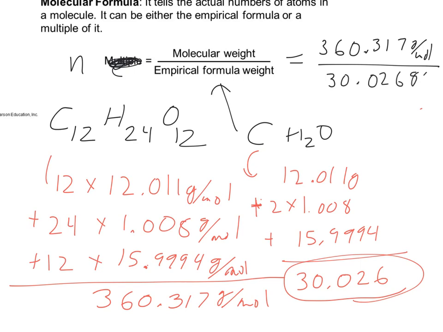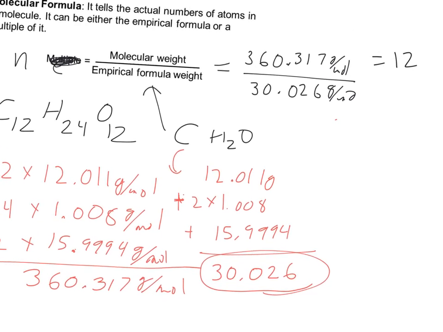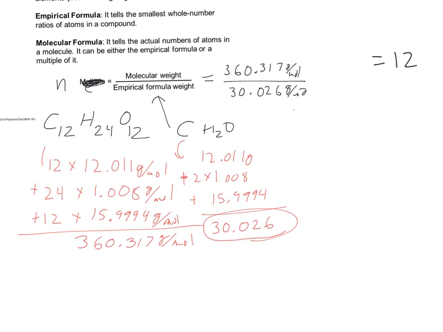30.026 grams per mole. Now I'm going to divide 360 by 30, and what do I get? Surprise, surprise, surprise. I get 12, which is what I expected.